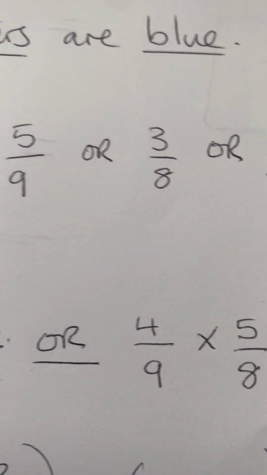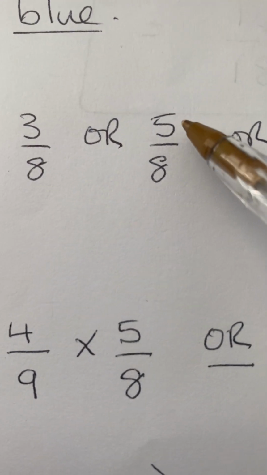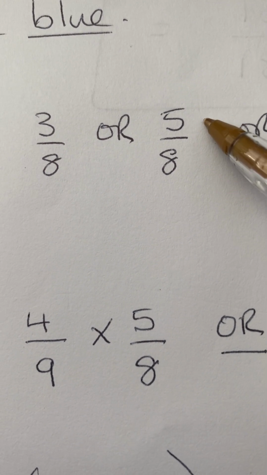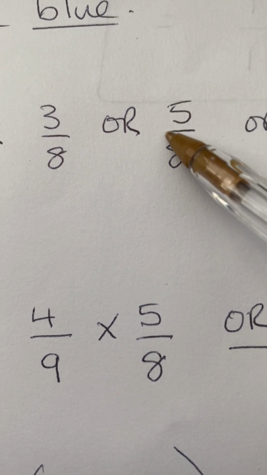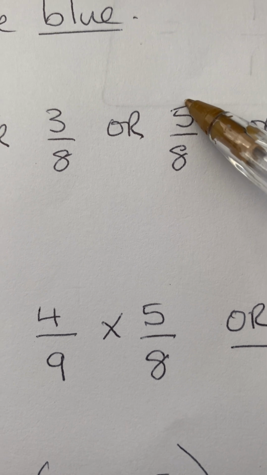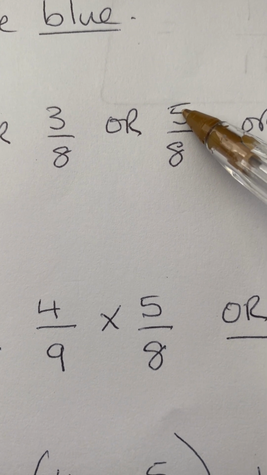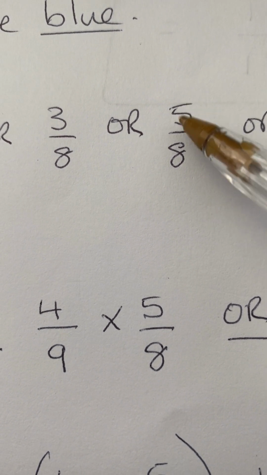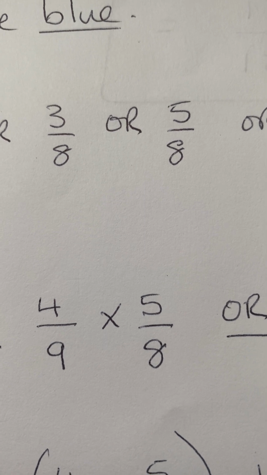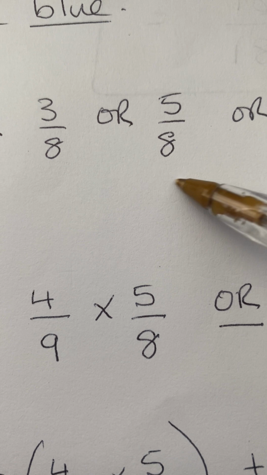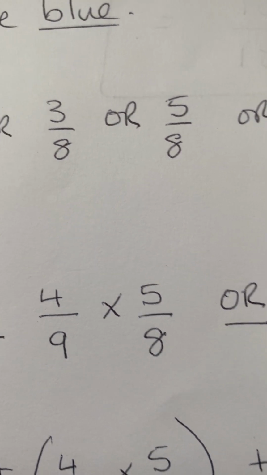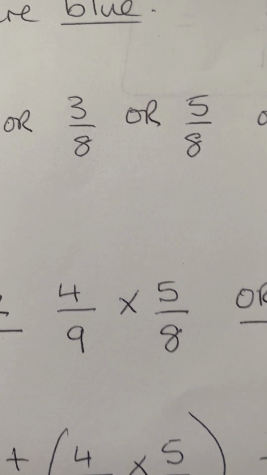Okay, or you can pick one, okay, and then you have 5 of them which are not blue, and then reduce by 1. You've picked one out.